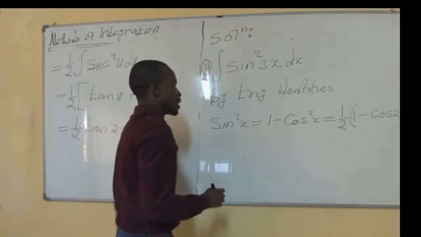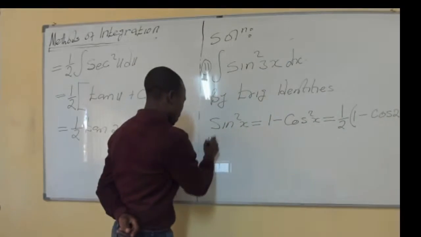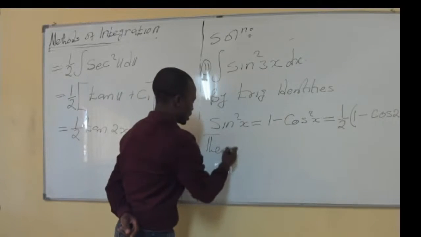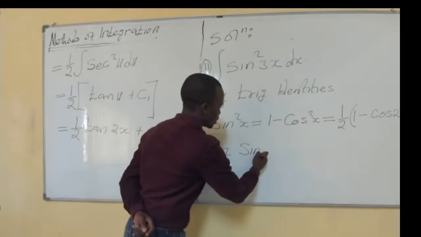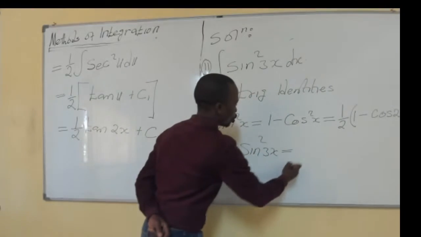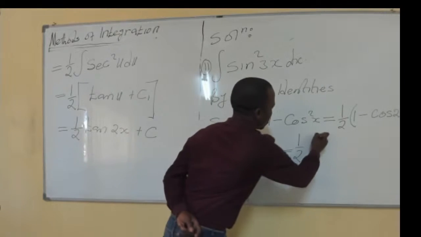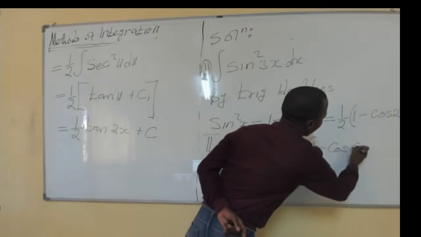Then, by trigonometric identities, this is the scenario. Then, what does this mean? This means that the sine squared of 3x will be equal to 1 over 2 multiplied by 1 minus the cosine of 6x.